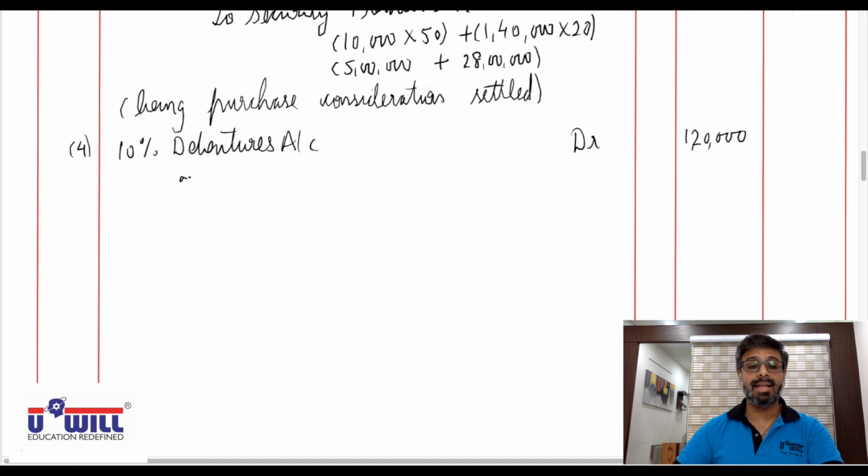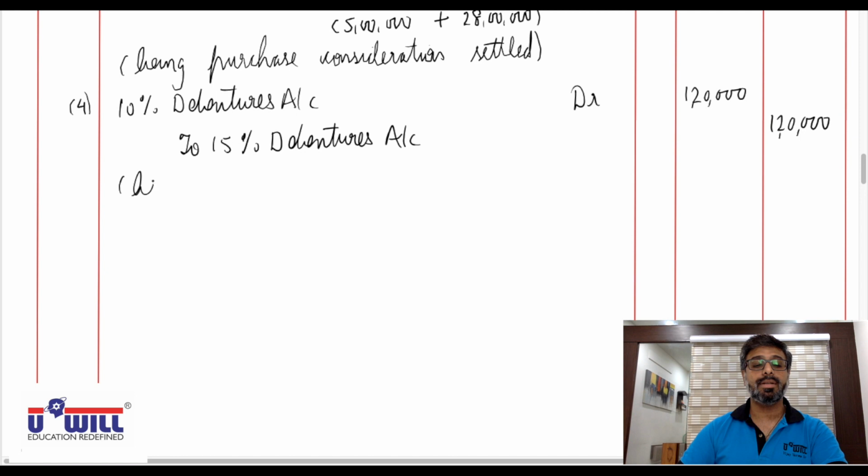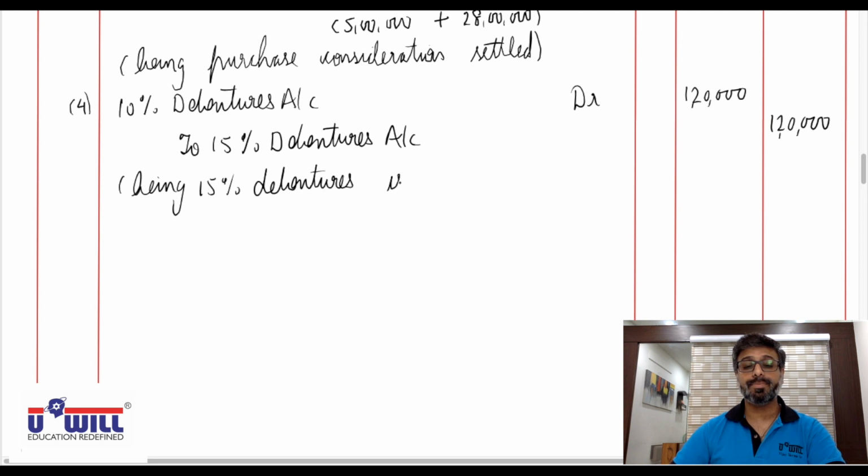And against that, we are giving them 15% debentures of rupees 1,20,000. Okay, being 15% debentures issued to debenture holders.